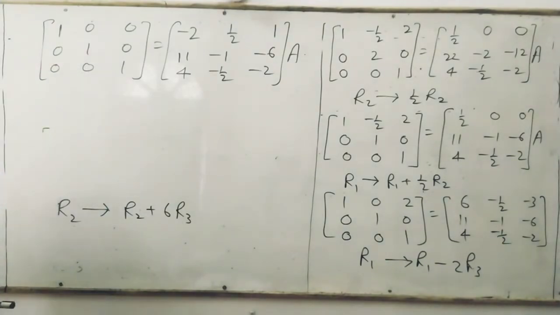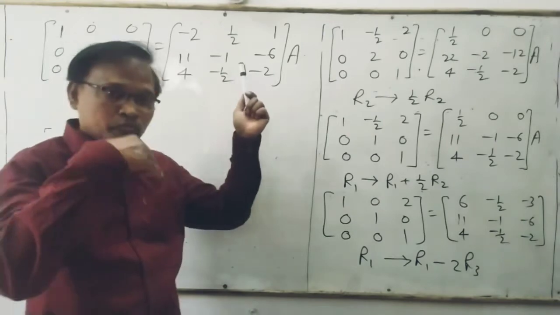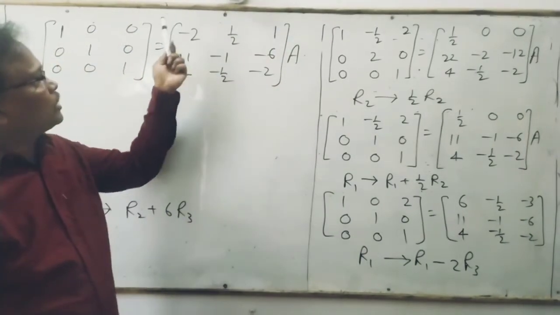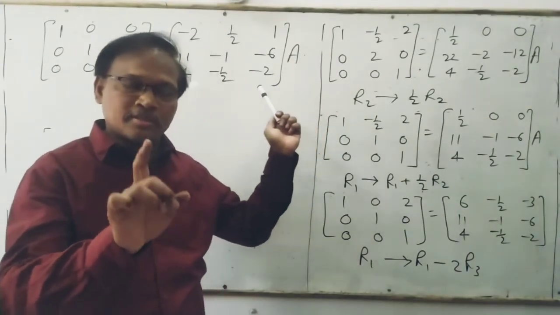And the right hand matrix, which was the unit matrix earlier, has now changed into the other matrix, and this will be the answer. You can say this is the A inverse.